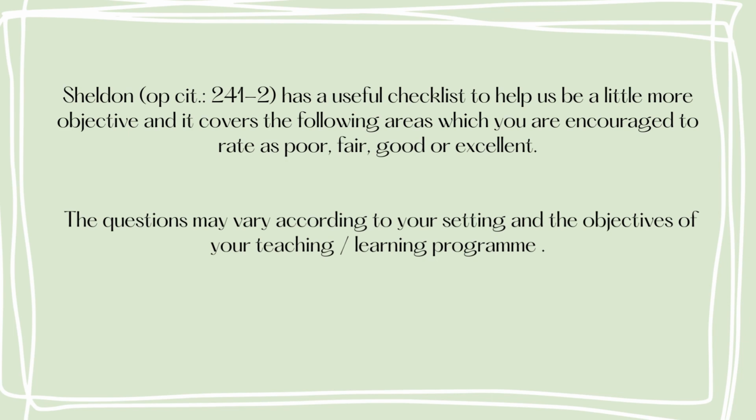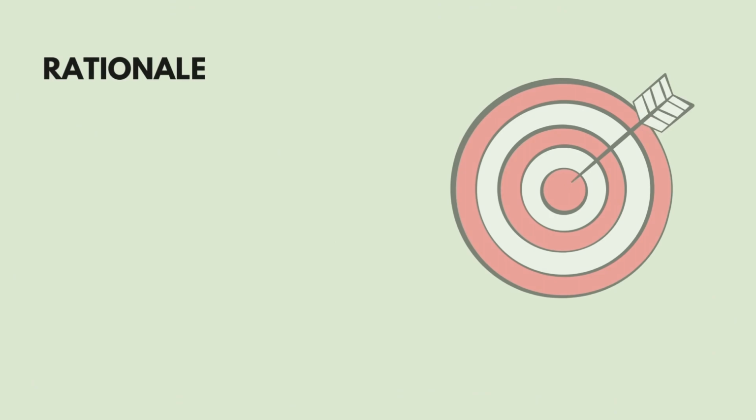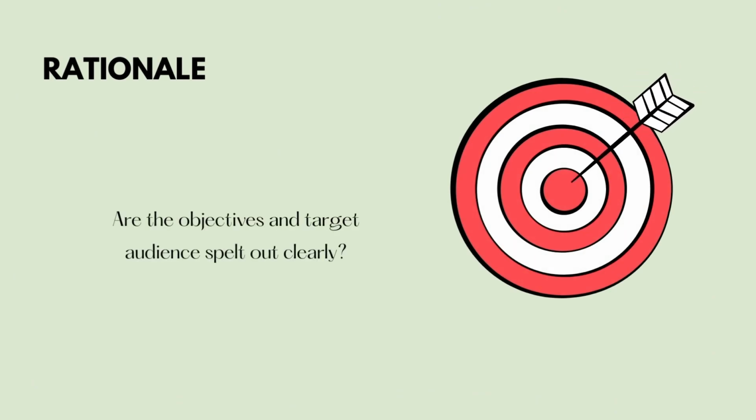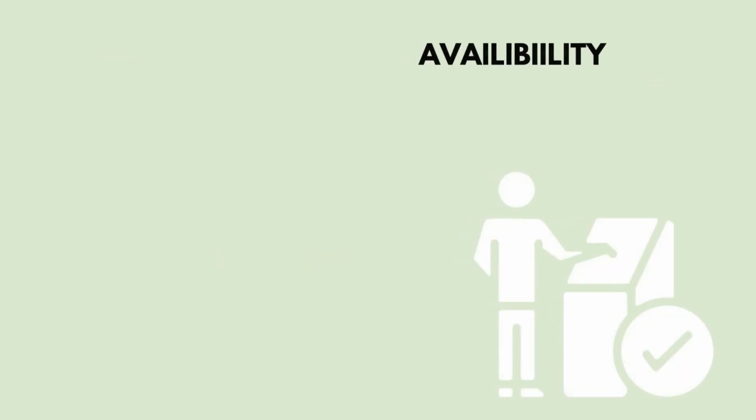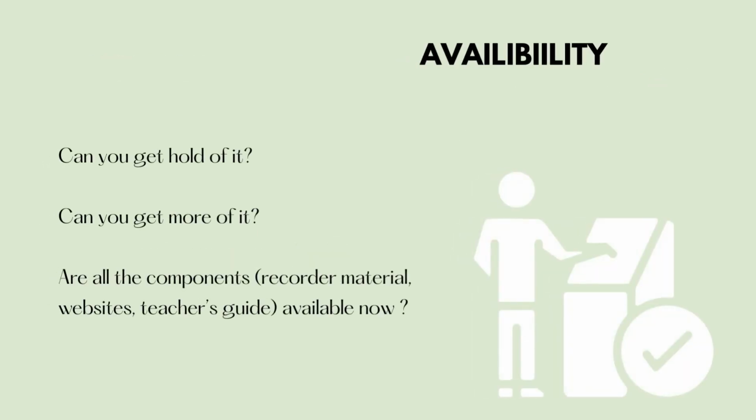The questions may vary according to your setting and the objective of your teaching or learning program. 1. Rationale. Are the objective and target audience spelled out clearly? 2. Availability. Can you get hold of it? Can you get more of it?